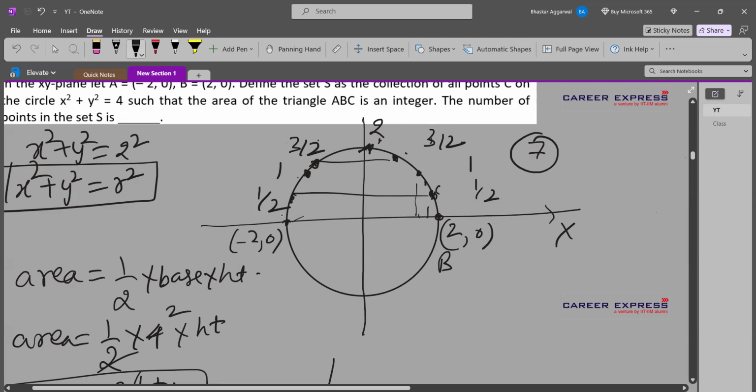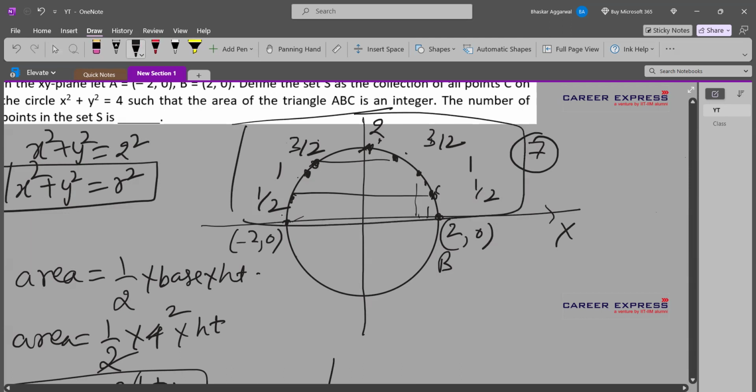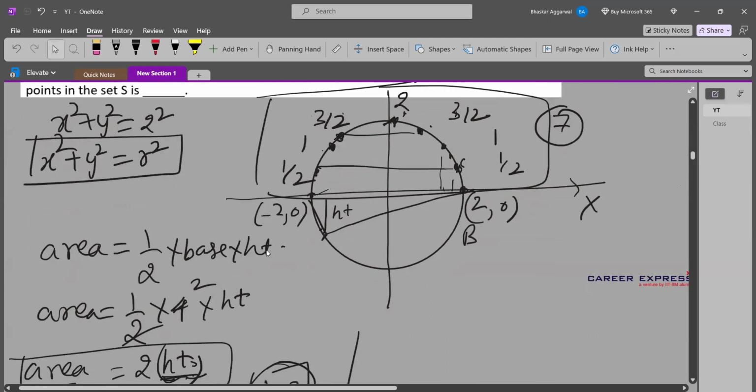We will have similar values below x-axis, but all of them will have negative sign. But negative sign does not matter. Height will only be positive. If the triangle is this, then this height will be taken as positive. Although the coordinate is negative, height will be taken as positive. Hence, the area can still be an integer.